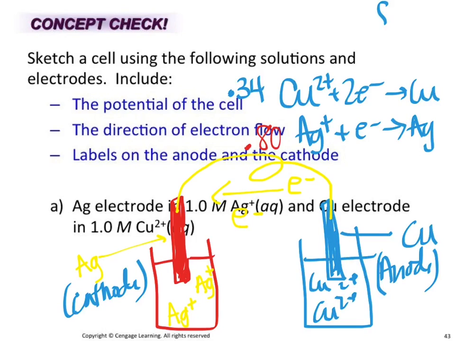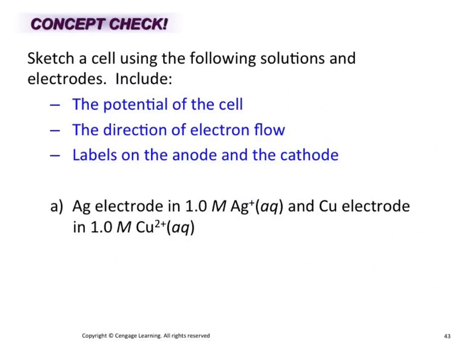Okay, so 80 is the biggest one, and then we have to flip the other one, so it would be a negative 0.34, because right now they're both running as reductions. One of them has to be oxidized. So you flip the smaller number, so it would be 0.46. Wait, so if one of these were already negative, would we have to flip? Hold on.